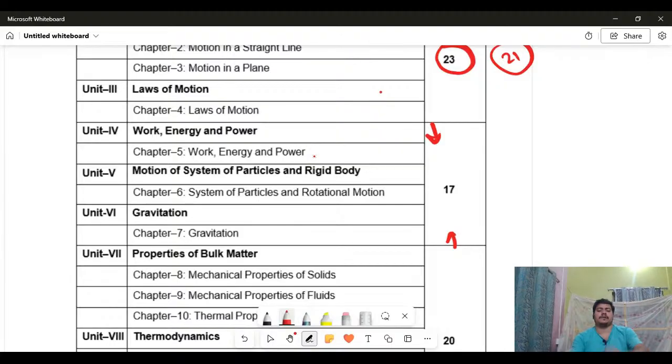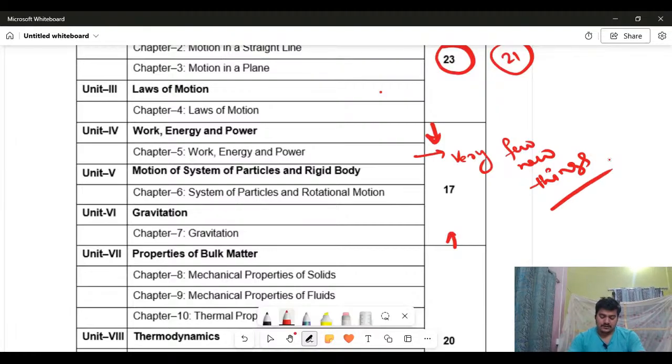You read this chapter in class 9, and I must tell you, you will be shocked by this: here you will be learning very few new things only. Whatever you have learned in classes 9 and 10, you can use here. But what will be totally new to you?